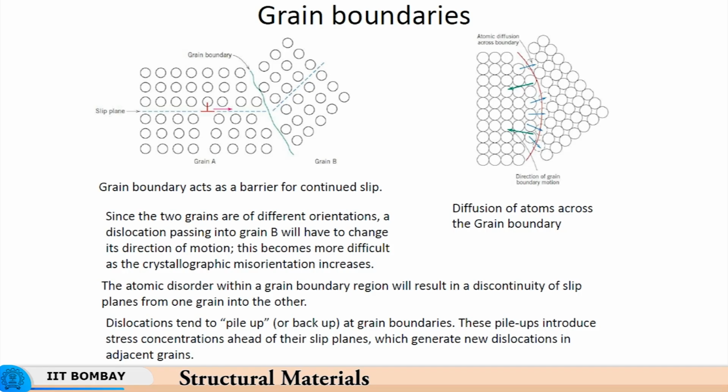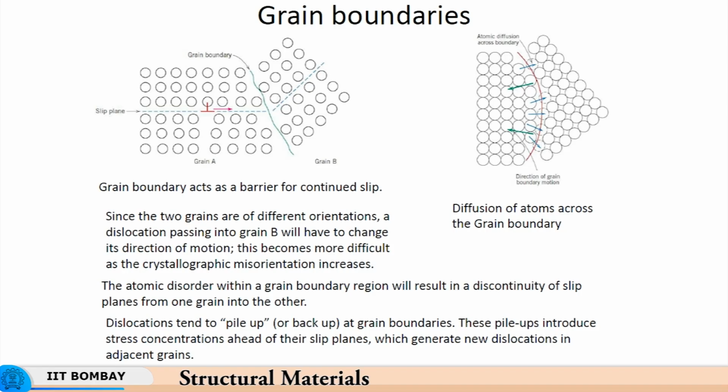Now when it comes to the disordered region over here, it is no longer able to traverse or cross this grain boundary. That is because the slip plane of the neighboring grain is something else. So naturally the dislocation cannot cross over from here to there, and it gets held up at the grain boundary.